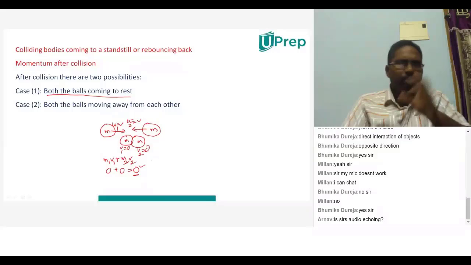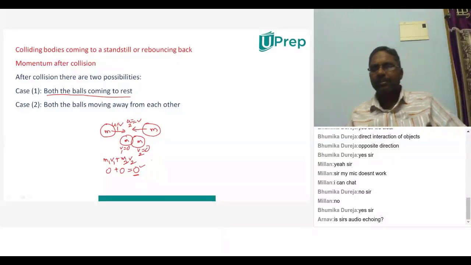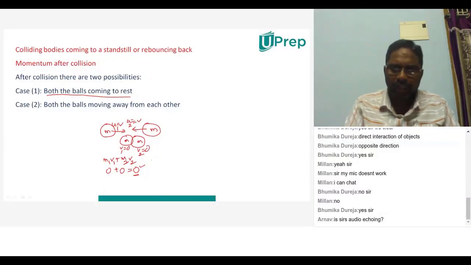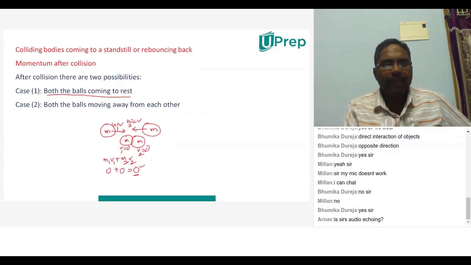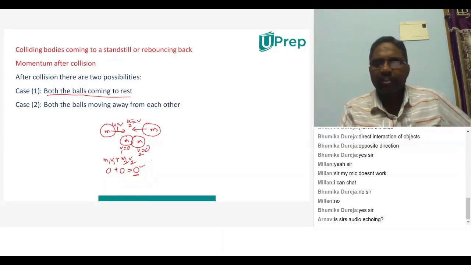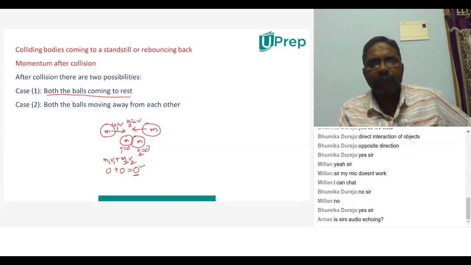How much initial momentum is there for the system? Zero. We already observed it in the earlier case. Now, for the first possibility, is the law of conservation of momentum right or wrong?